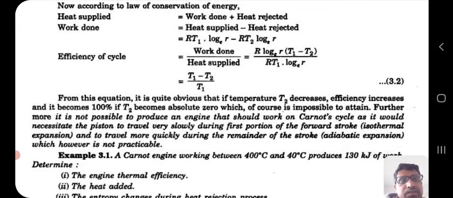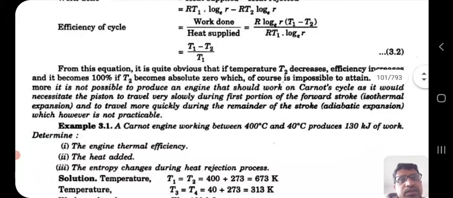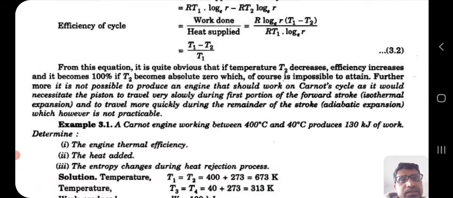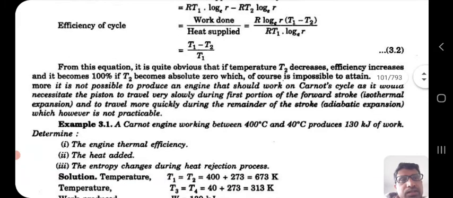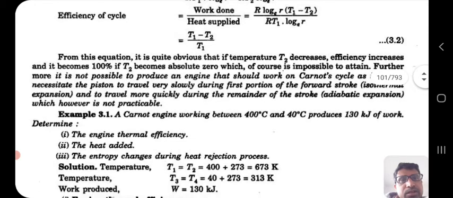Work done is heat supplied minus heat rejected, that is equal to RT1 log R minus RT2 log R. Efficiency of the cycle is the work done by heat supplied, R log R (T1 minus T2) divided by RT1 log R. So (T1 minus T2) by T1.